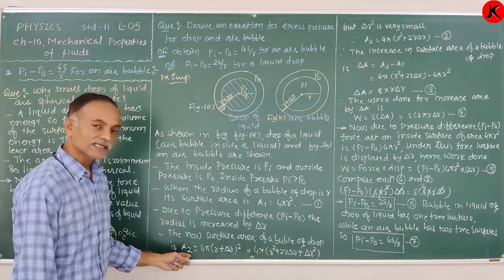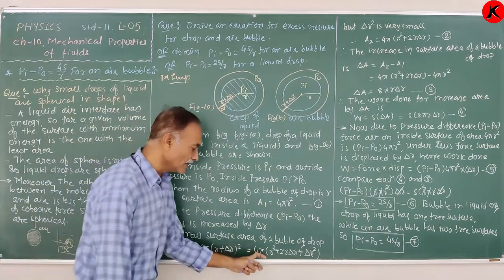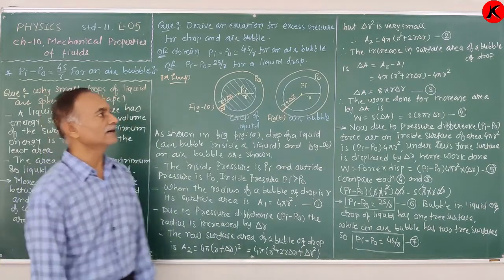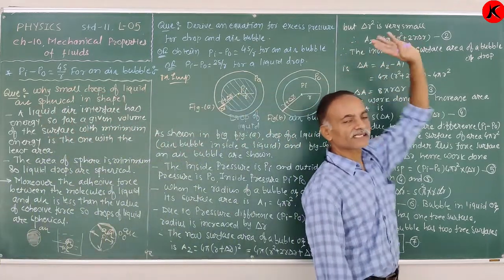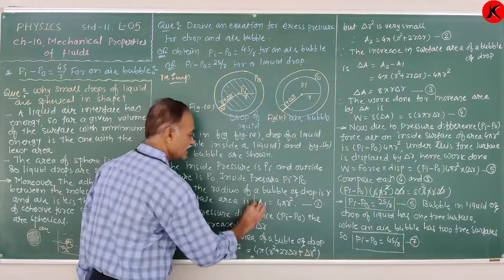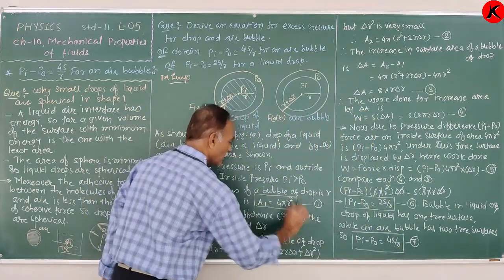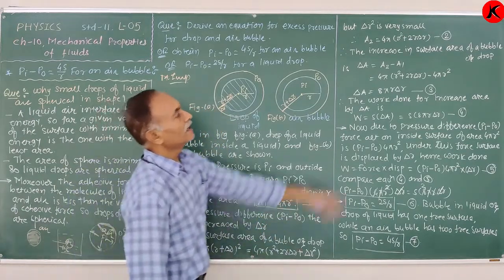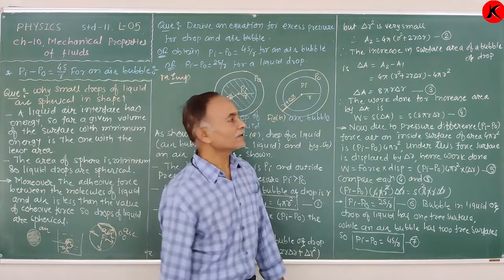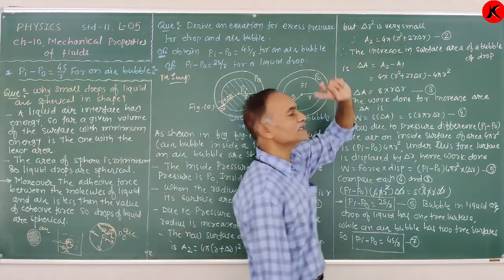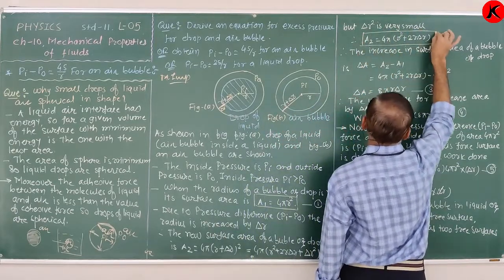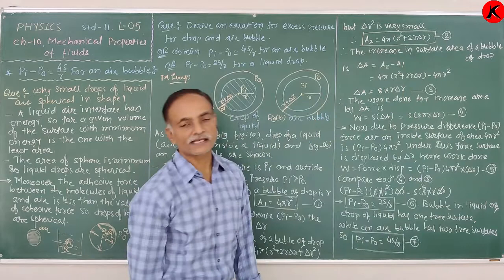Therefore, the new surface area A2 is equal to 4 pi R square plus 2R delta R. That is our equation number 2. Initial surface area A1 is equal to 4 pi R square. Due to the pressure difference, radius increased by delta R, therefore the new surface area A2 is equal to 4 pi into bracket R square plus 2R delta R.